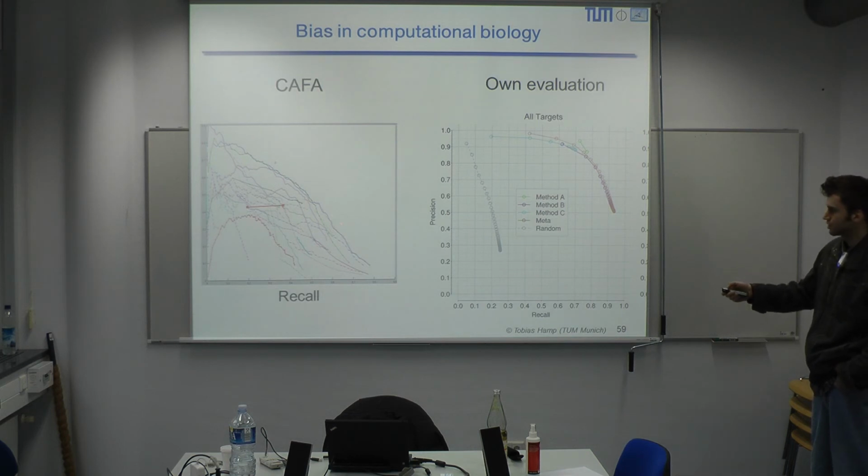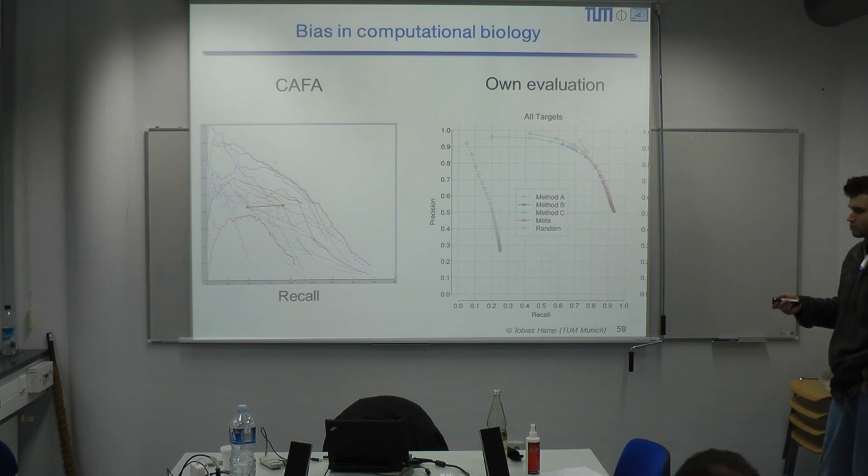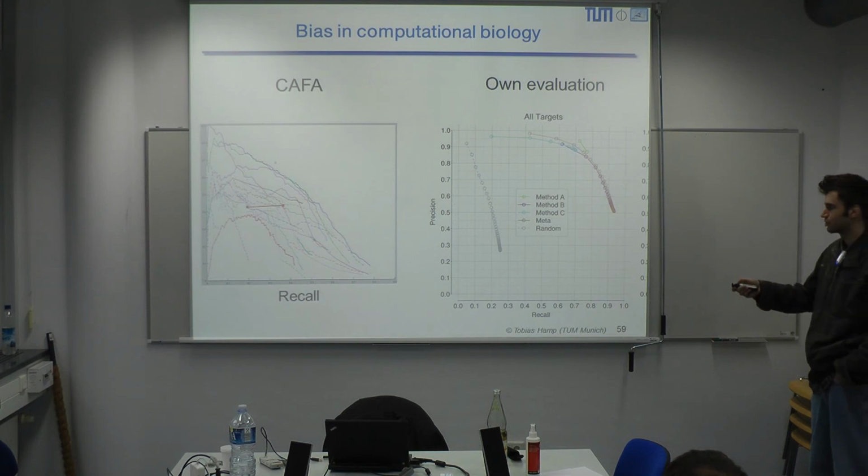But here it is not so smooth anymore. You have a lot of fluctuations here in the lower recall region, and this is actually because of the small sample size. And if you had true negatives, which is the requirement for recall precision curves and which you do not have here, you couldn't really see this difference, because recall precision curves really steadily increase.